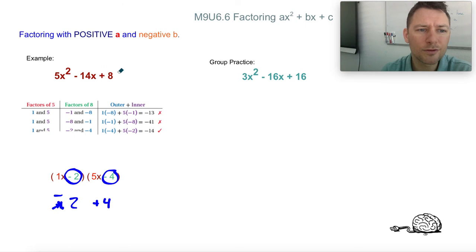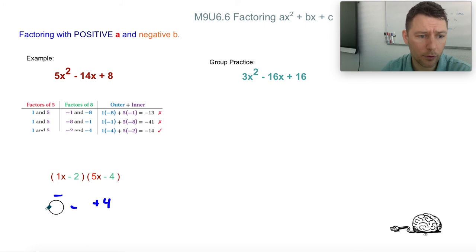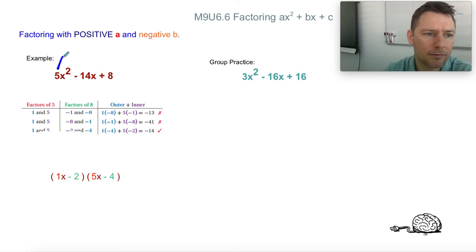You can look at the signs on this. You're going to do the same thing, except the signs give away what the signs inside the binomials are going to be. So here's an example. We have 5x squared and 8. I know that for 5x squared, the only way to do that is a 1 and a 5.